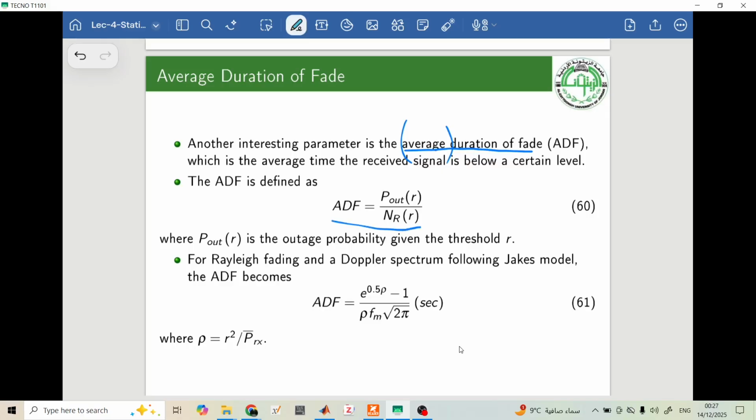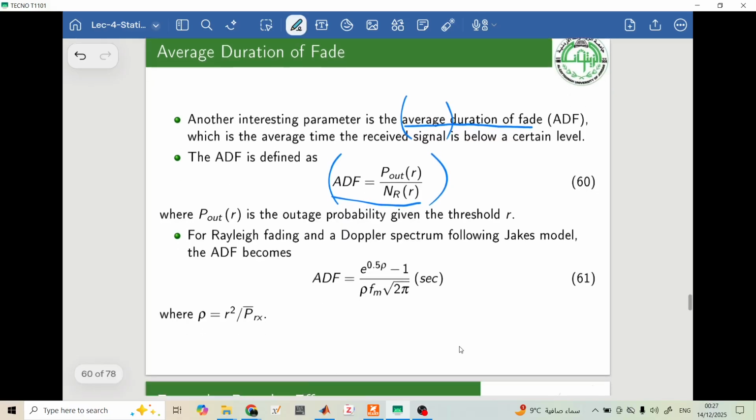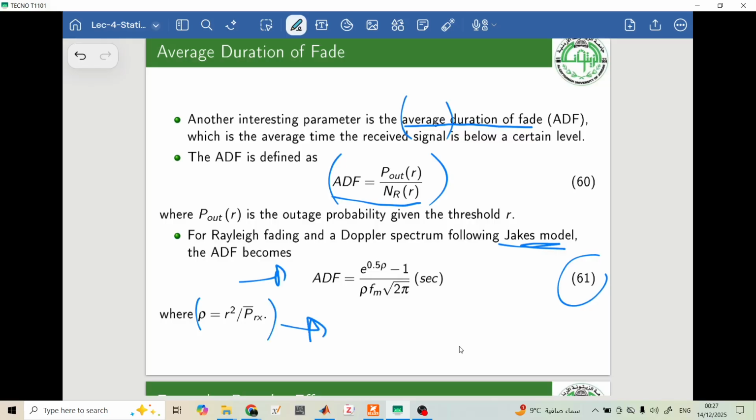Generally speaking, ADF is P outage over the level crossing rate. For the Jake's spectrum or bathtub model, we have this form in equation 61, which is a bit simple. Now rho, if you think about it, is a kind of SNR, but again R squared is the P minimum, so it's P minimum over P average.